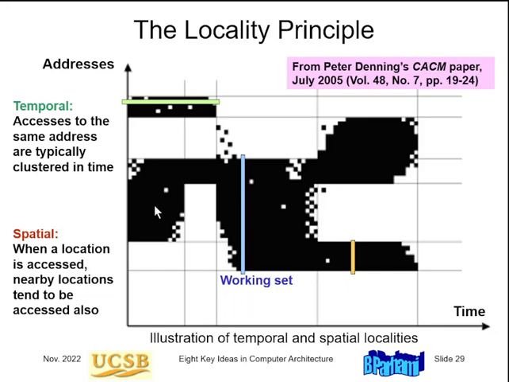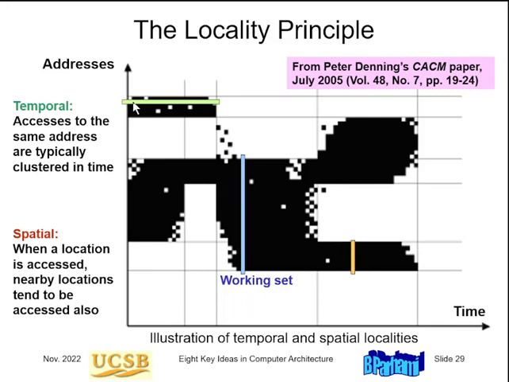This happens, for example, when I'm accessing elements of an array. When I need one element of the array, I may need the adjacent elements. Therefore, when I bring a chunk of data into cache memory once, that satisfies a whole bunch of accesses for many cycles after that. This is known as spatial locality. So accesses are bunched together, or clustered together, in space.